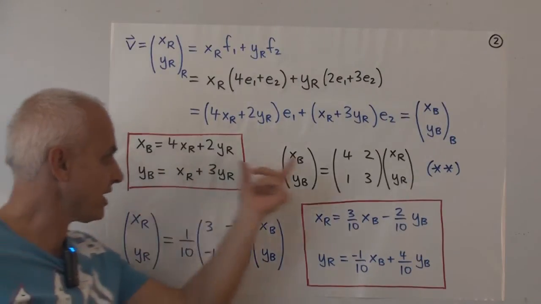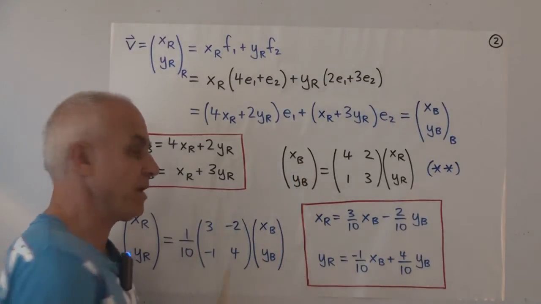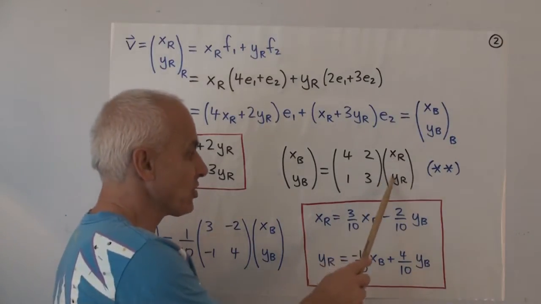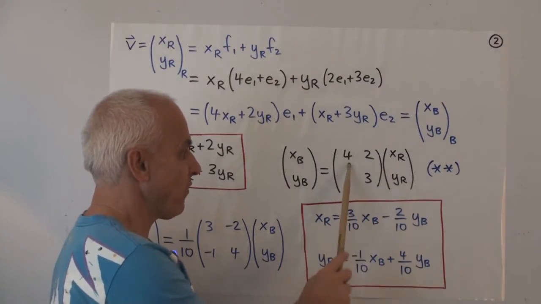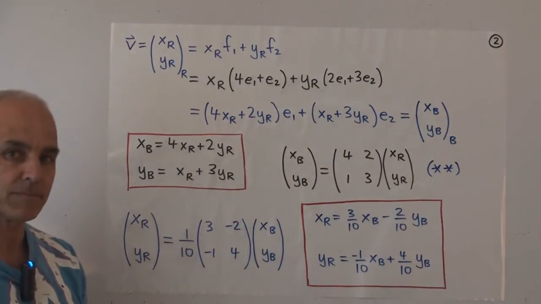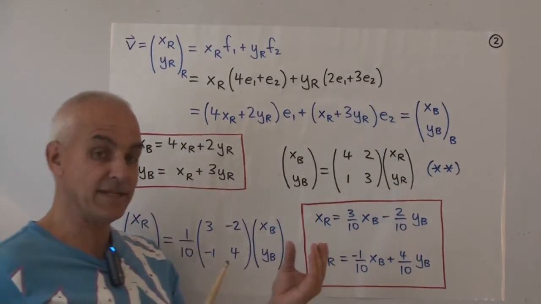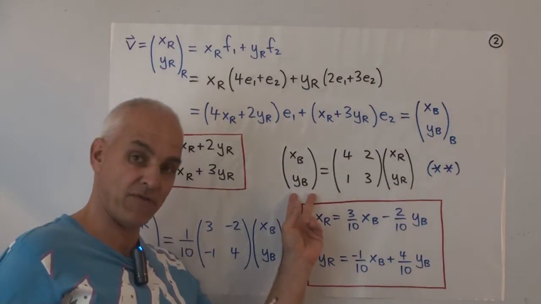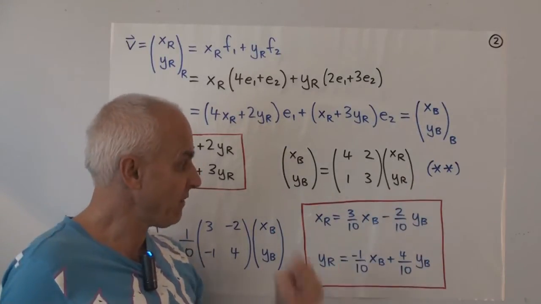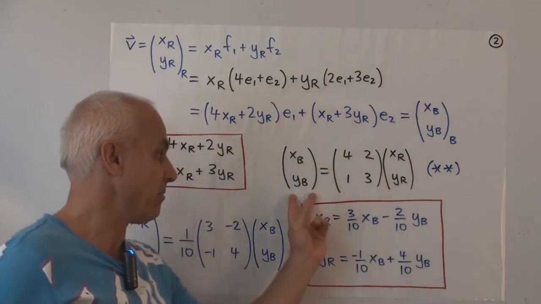And we can rewrite this in matrix form by saying that the vector xb, yb, that's Bob's coordinate vector, is the matrix 4, 2, 1, 3, the matrix of coefficients over here, times Rachel's coordinate vector. So this important equation relates Bob's coordinates for a vector with Rachel's coordinates for a vector. In fact, it's a way of starting with Rachel's and getting Bob's.